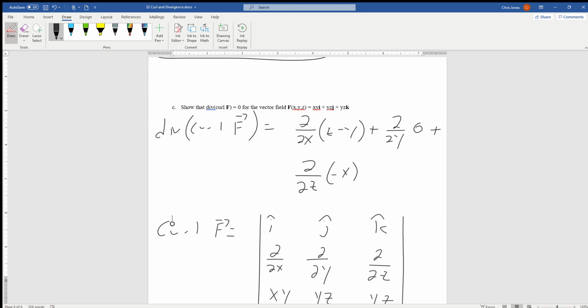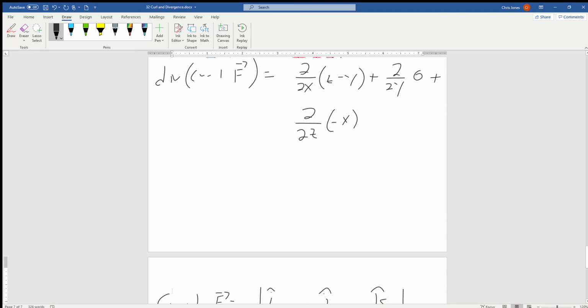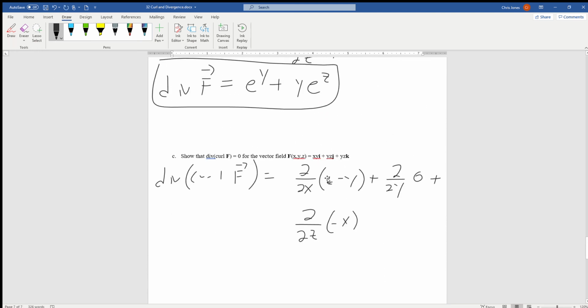All right. And we can clearly see that this is going to work out really nicely to be 0, because the partial with respect to x of z minus y is 0. Partial of any 0 is 0. Partial of negative x with respect to z is 0. So indeed, that does equal 0.